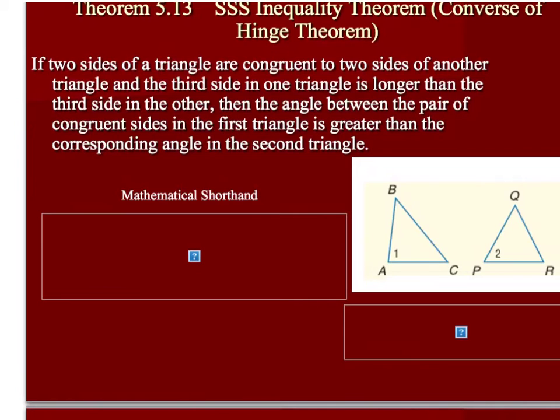So again, AB is congruent to PQ, AC is congruent to PR, and BC is greater than QR. Therefore, the measure of angle 1 is greater than the measure of angle 2.